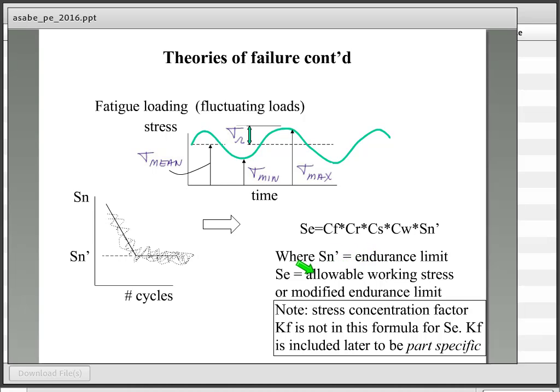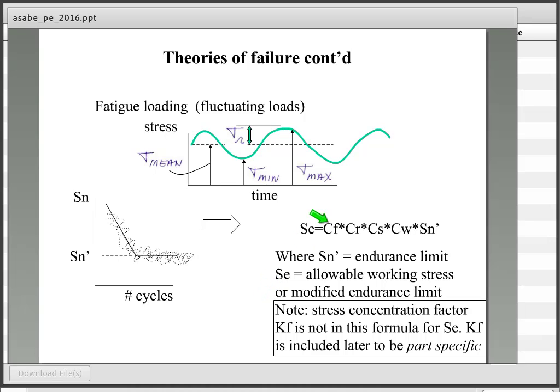In reality, our parts are not made out of polished, defect-free parts or materials. They're larger, having greater probability of defects. They have maybe surface imperfections, maybe welds, maybe holes, maybe other features which would cause us to derate that material.